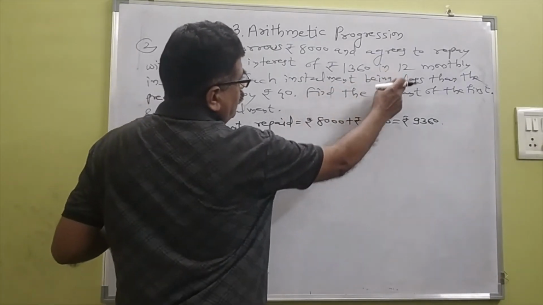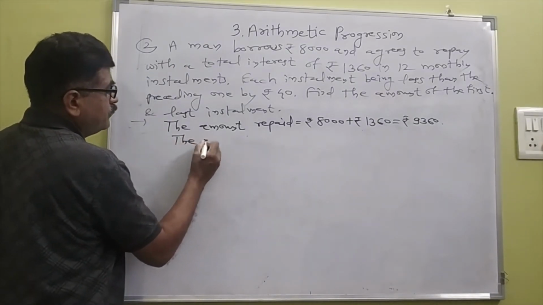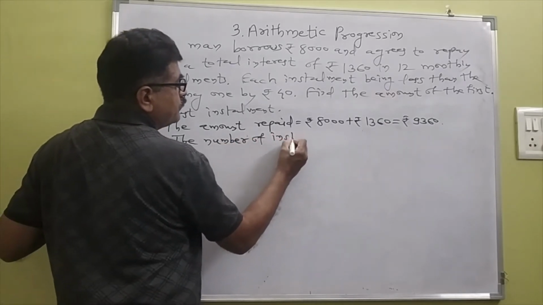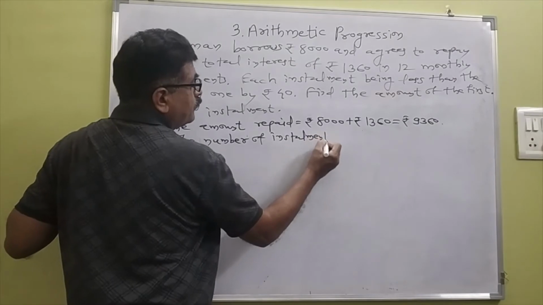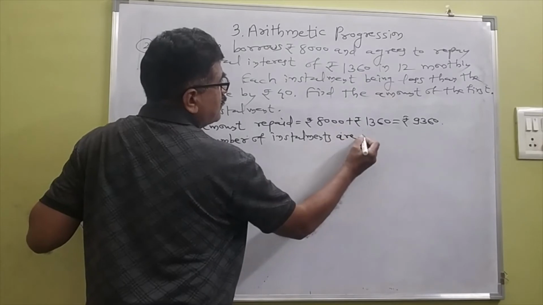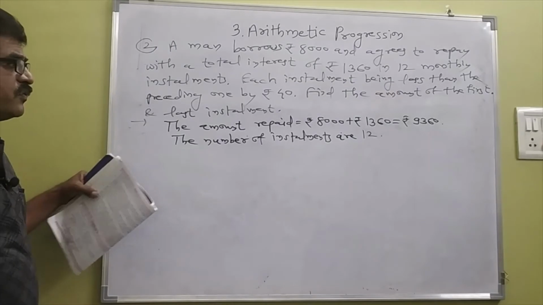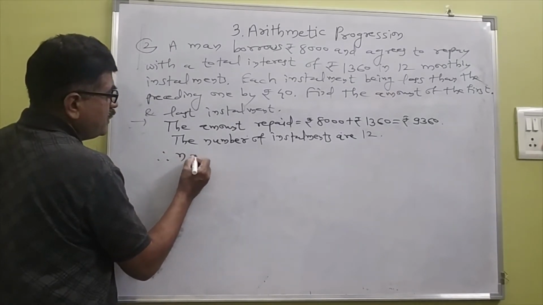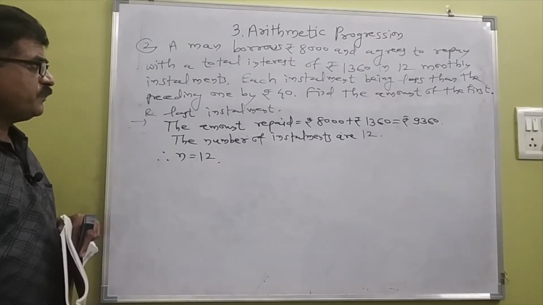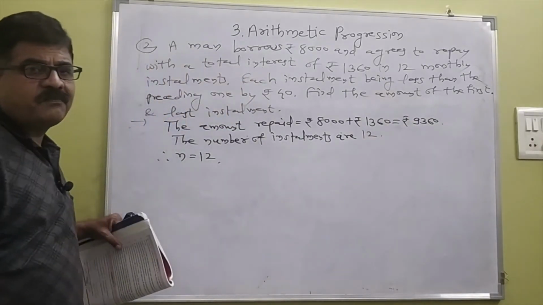Now, in 12 monthly installments, the number of installments is 12. Therefore, the value of n is equal to 12. And this is the total amount he has to repay.